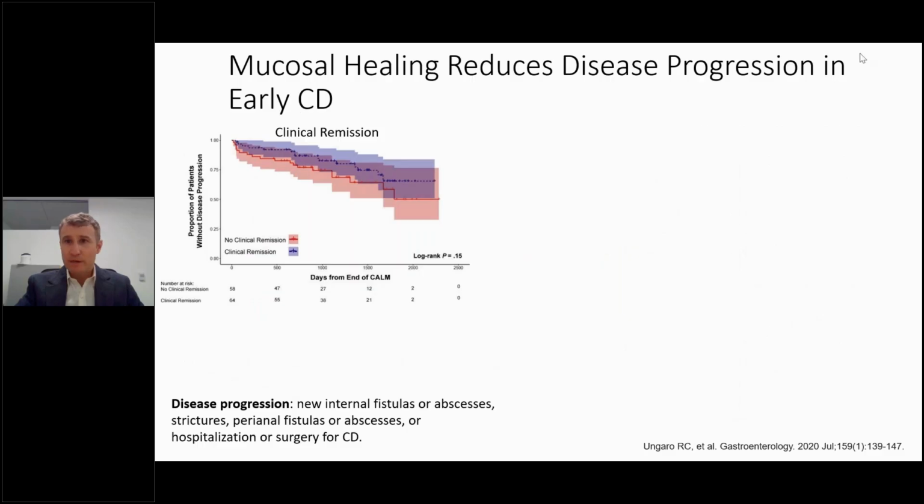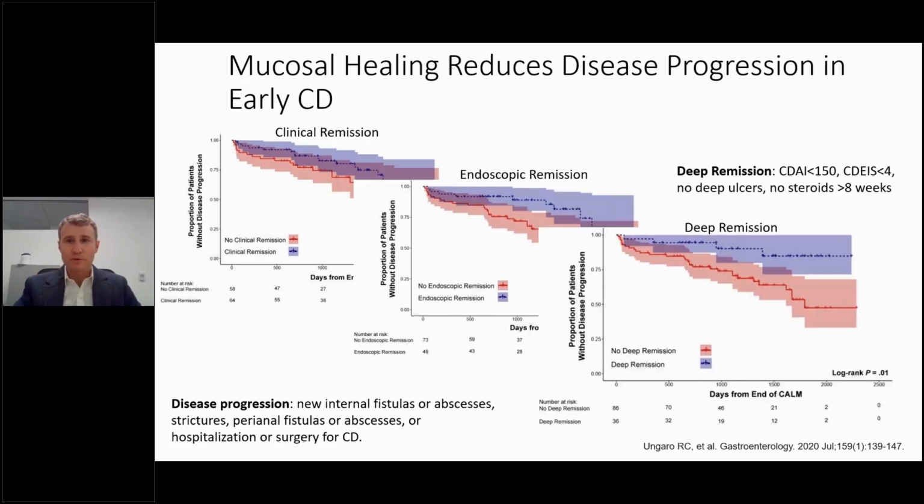What we were reviewing is this idea of mucosal healing as being the gold standard for our outcomes in managing inflammatory bowel disease. And this was really borne out in some of the post hoc analyses from the CALM trial, which we'll review, wherein they clearly differentiated the risk of disease progression in individuals who achieved mucosal healing as measured by endoscopic remission and deep remission, which was a combination of clinical and endoscopic remission.